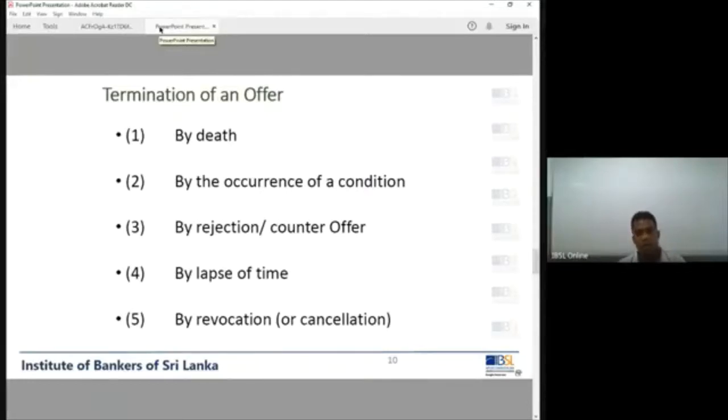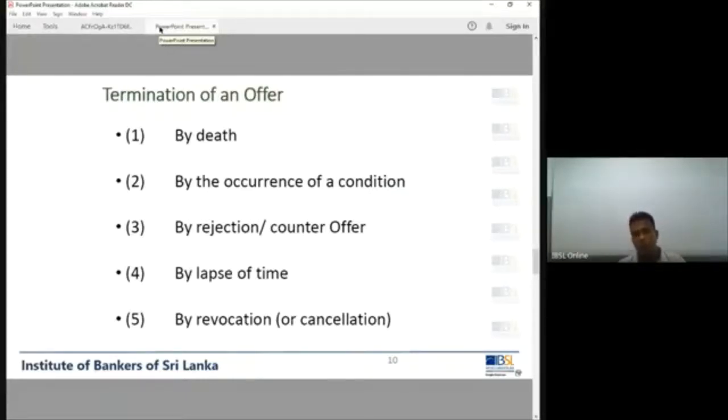Then the third one, an offer can come to an end by rejection. If the offeree rejects the offer, then the offer comes to an end. Then the other one is the counter offer.